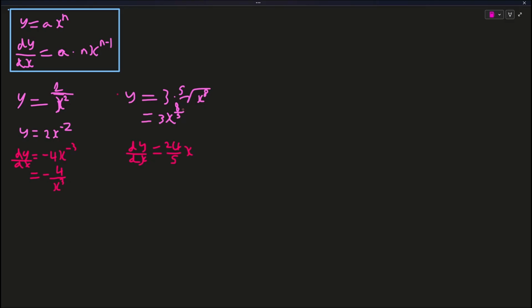That's the same as 8 over 5 minus 5 over 5. So that gives us 3 over 5. And that would be our answer. Again, you could rewrite this as 24 over 5 times the 5th root of x to the power of 3. Right, they're equivalent answers, they're the same thing.